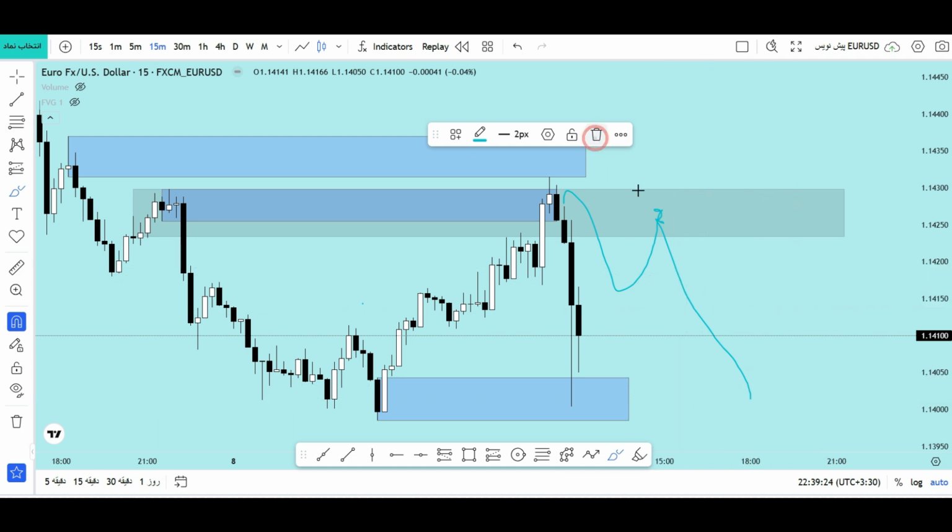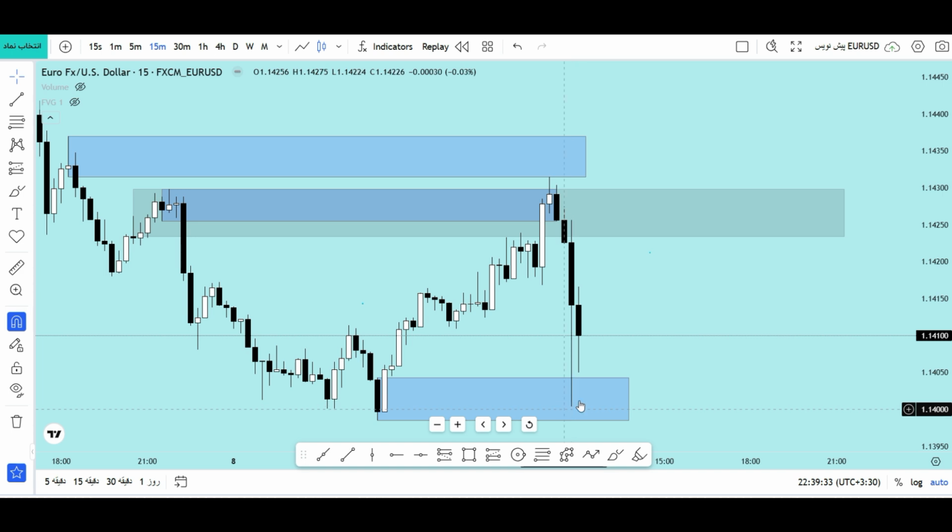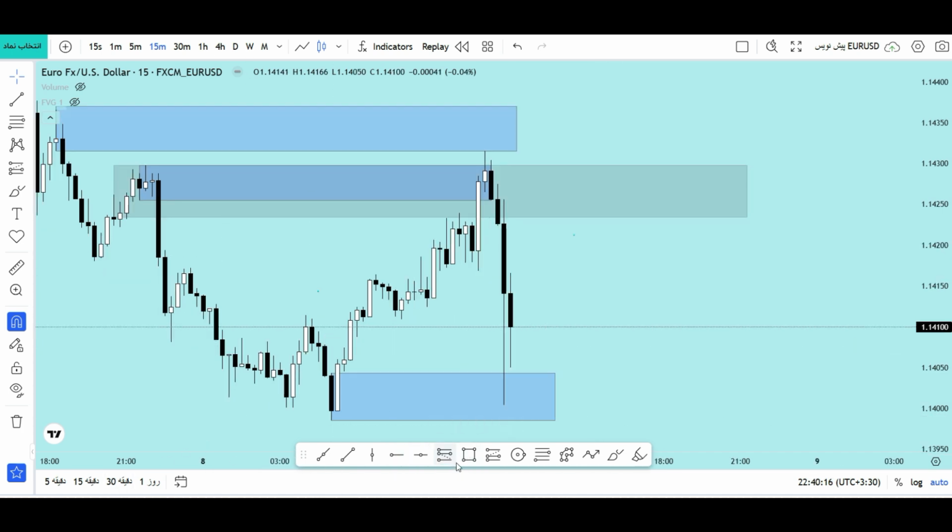But price came very fast and touched our danger zone, so we don't enter this setup, and it's not based on our rules. And let's see what will happen.